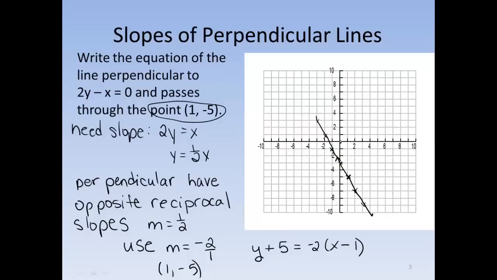The original had a y-intercept of 0 and a slope of 1/2, up 1 over 2, down 1 over 2. So this is what our original looks like. This is the perpendicular line to it.